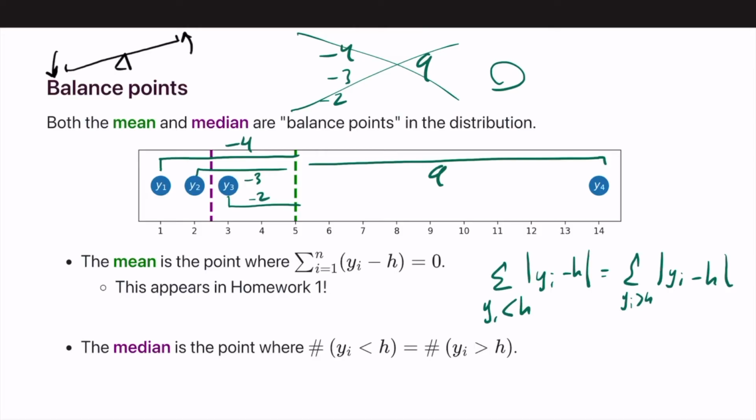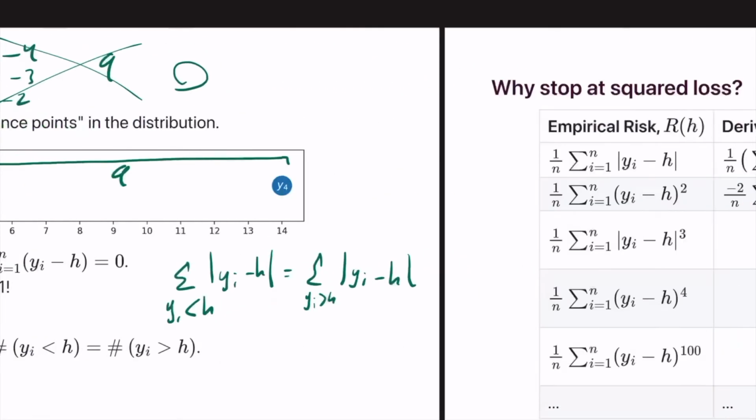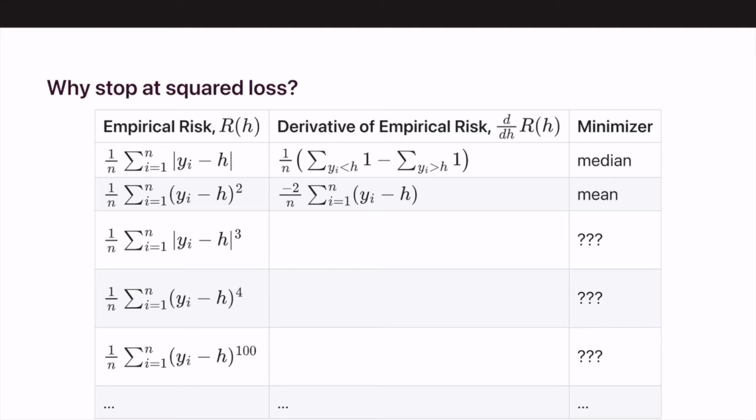Now, what's interesting to think about here is that we have these different types of loss functions. We have the absolute loss, which we found has the median as the minimizer, and for squared loss, we have the mean. And of course, these are both solved by taking the derivative and setting it equal to 0.